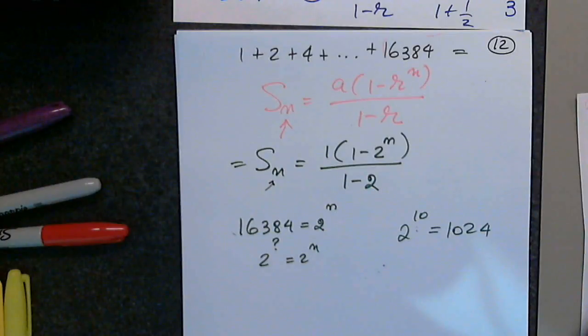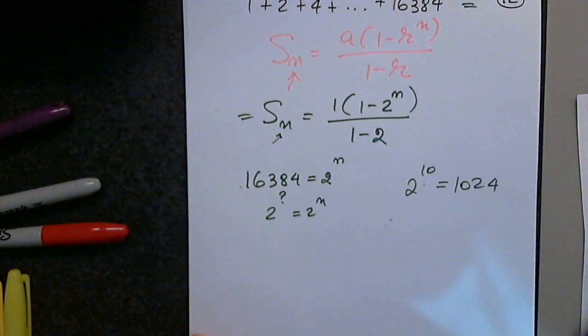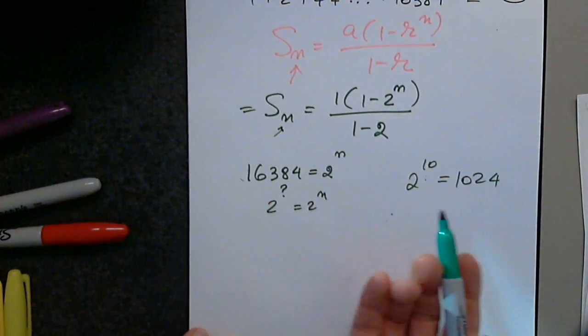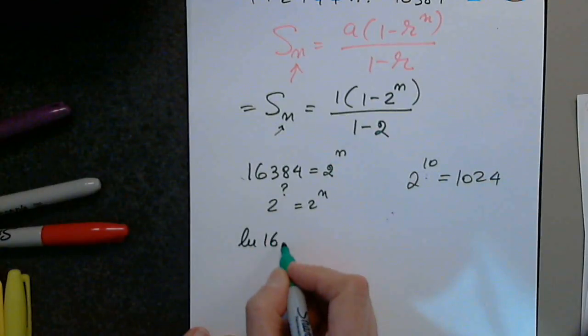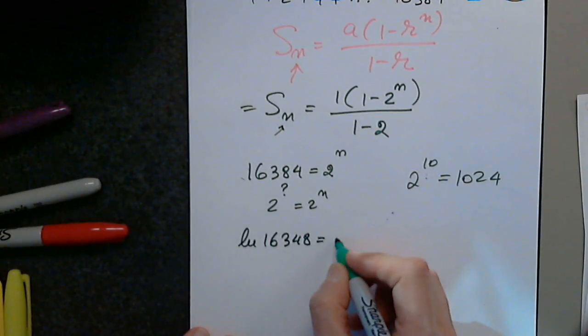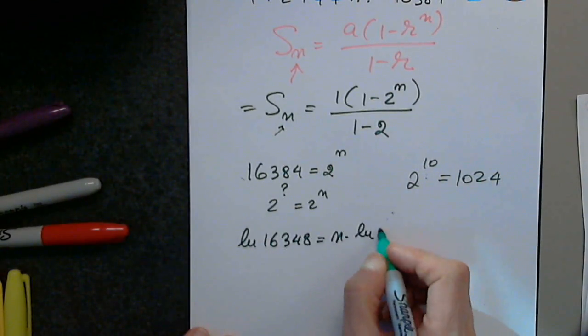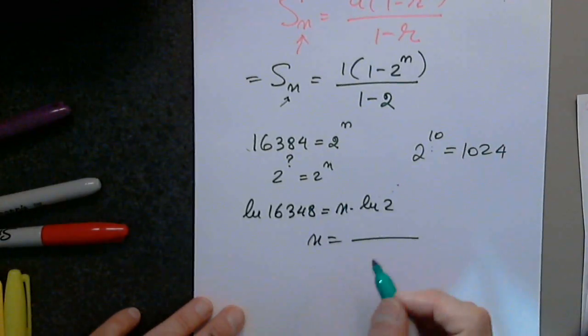So then beyond that, you could solve that by applying log to both sides, right? Fine, that's even better. Good. Because it's kind of difficult to come up with. Yeah. I agree. So natural log 16384 equals n multiplied by natural log 2. Yeah, so the 4 and the 8 reverse, but yeah.